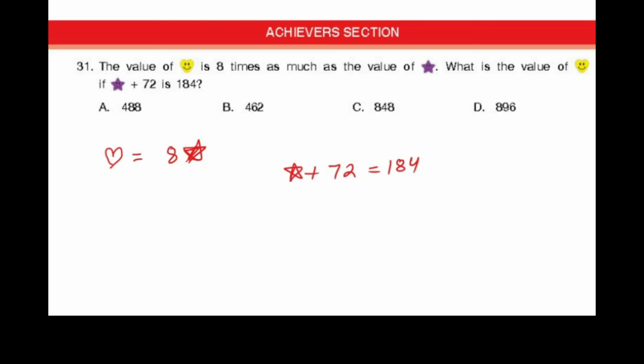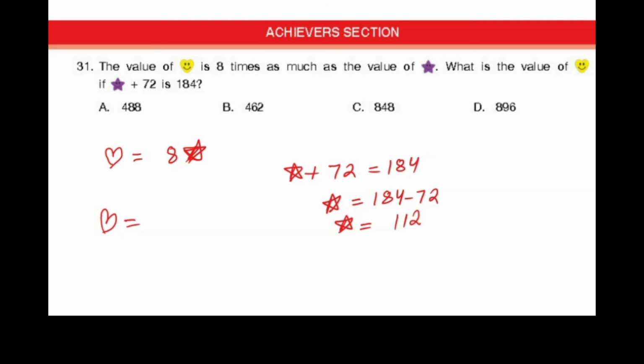Okay, so we'll first find the value of a star. If star plus 72 is 184, we will subtract 72 from 184 to find the value of the star. So 4 minus 2 is 2, 8 minus 7 is 1, and 1. 112. The value of star is 112.